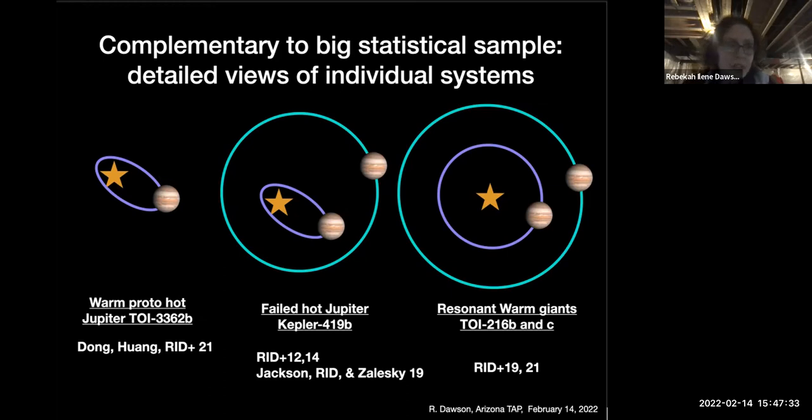One called TOI 3362b is what I'm calling a warm proto-hot Jupiter. So it's a warm Jupiter that seems like it's on its way to becoming a hot Jupiter. The next is Kepler 419, which is a failed hot Jupiter. Seems to be a planet that missed the boat on becoming a hot Jupiter and is going to be stuck as a warm Jupiter. And then I'll finally talk about a pair of resonant warm Jupiters in the TOI 216 system.